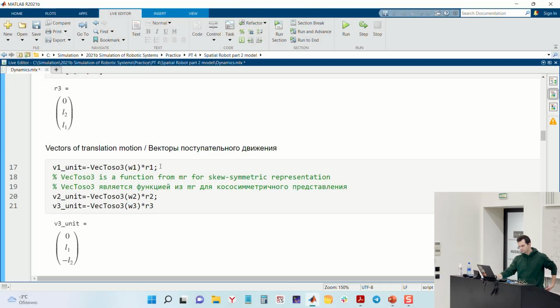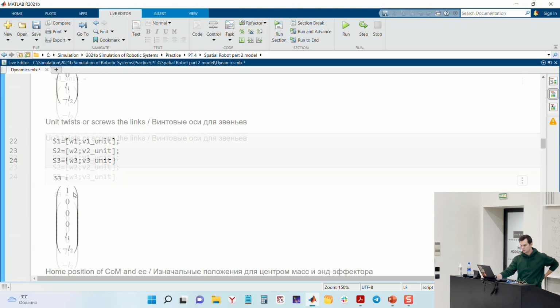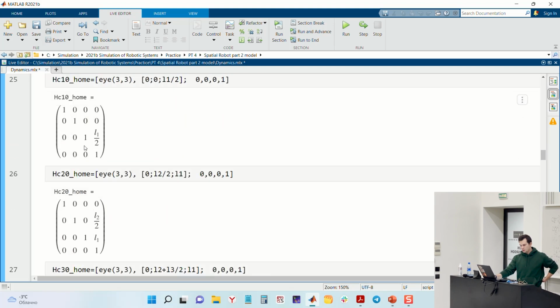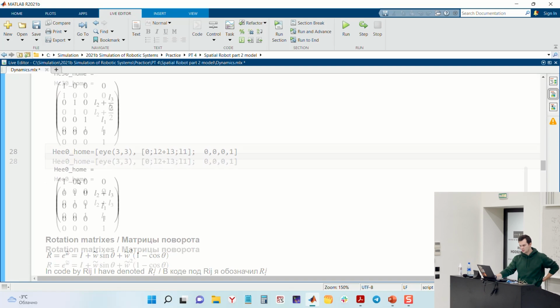As the result, you can see these v's, and this is the component of twist. Here you can see an example of twist for the third body. Here are the initial homogeneous transformation matrices for all the centers of mass and the end effector.